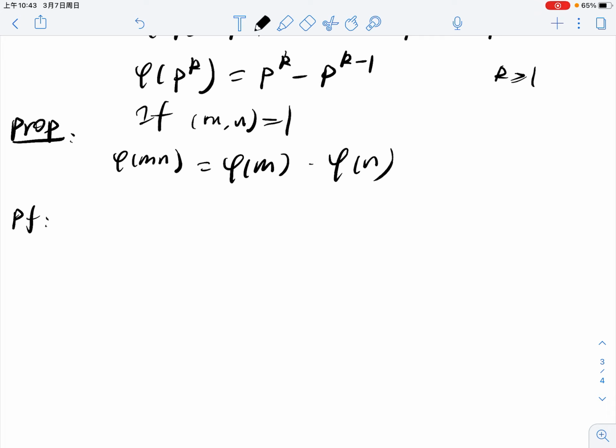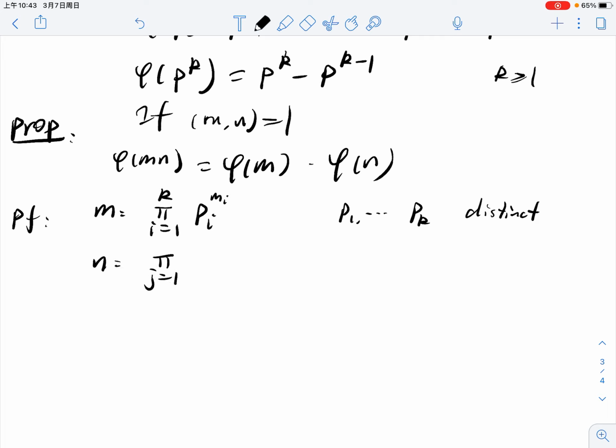So let's give a short proof. Suppose m is the product of pi to the power mi, with p1 to pk distinct. Let's first write down the other representation of n.